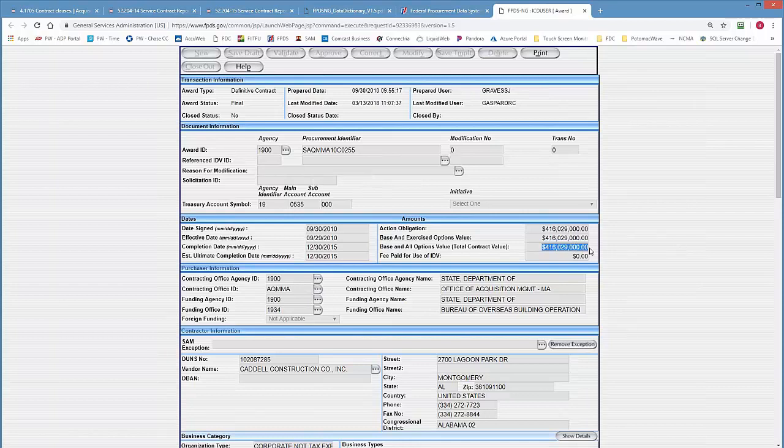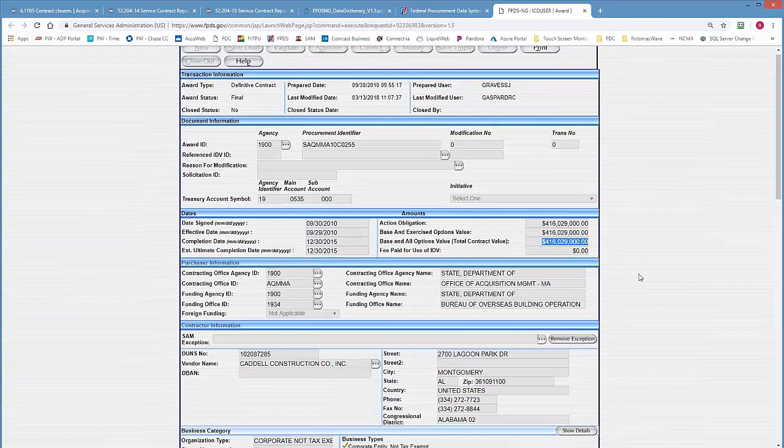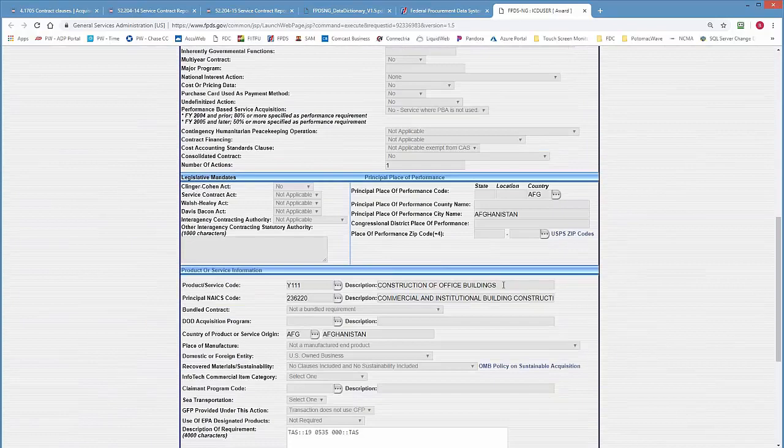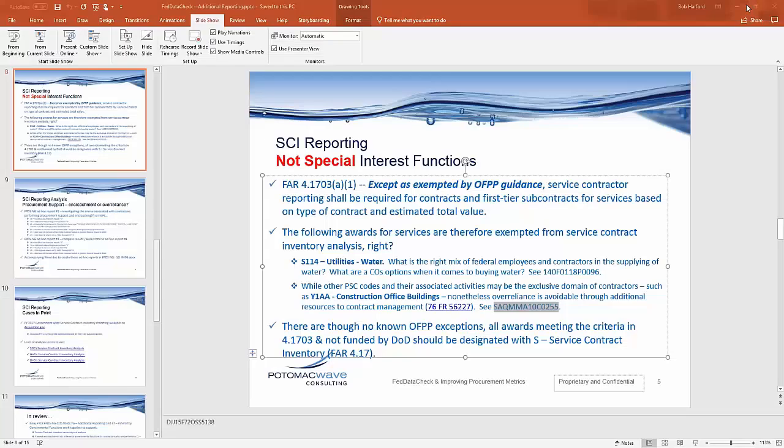So here's one way up there in the dollar values, $400 million, State Department. You're either building an embassy or an office building, but it says construction of office buildings. So why wouldn't that be exempted, since you're never going to have any balance that I can see between contractors and federal employees if the nature of the work is building office buildings?